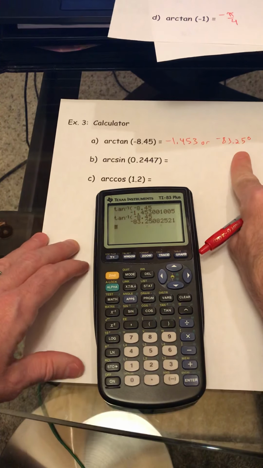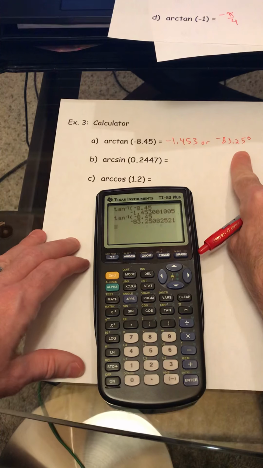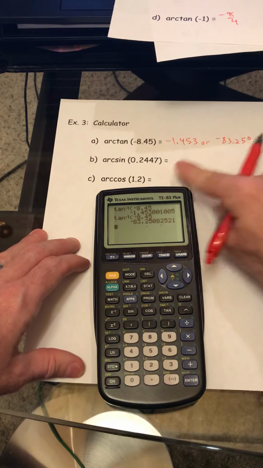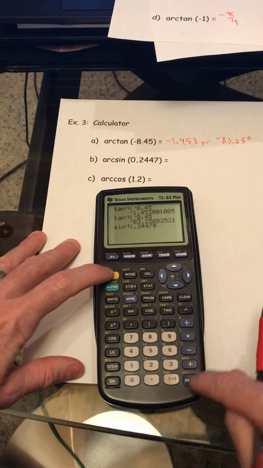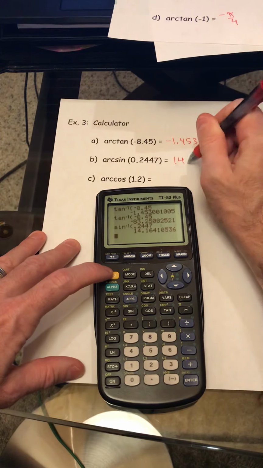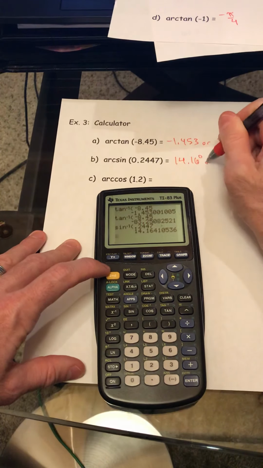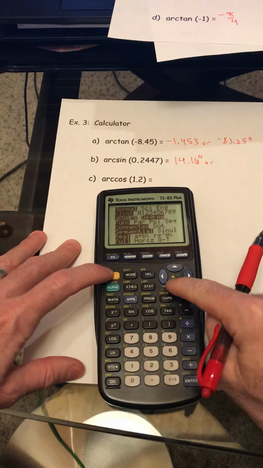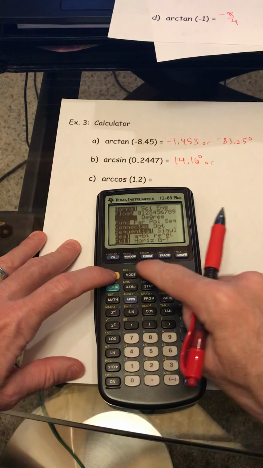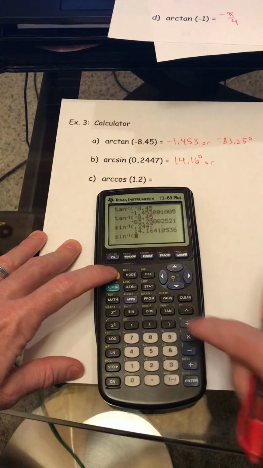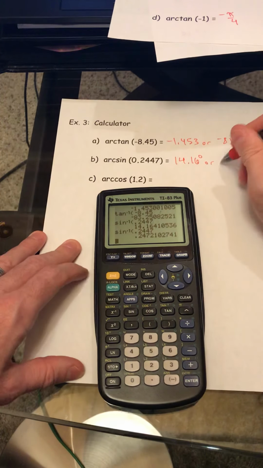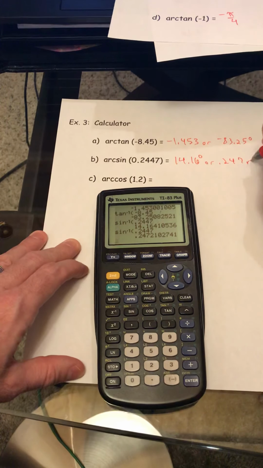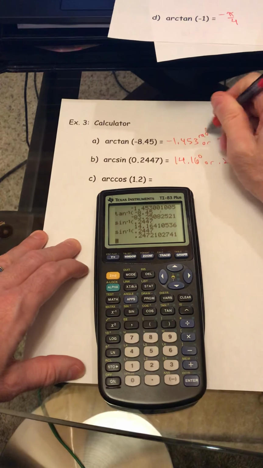So it gives you an answer between 90 and negative 90. If I take arc sine, I either get 14.16 degrees, or again, in radians, .247 radians, and I'll even come back up there.